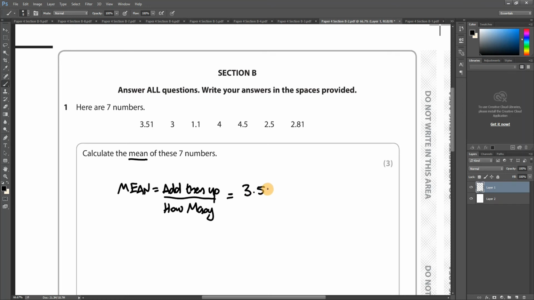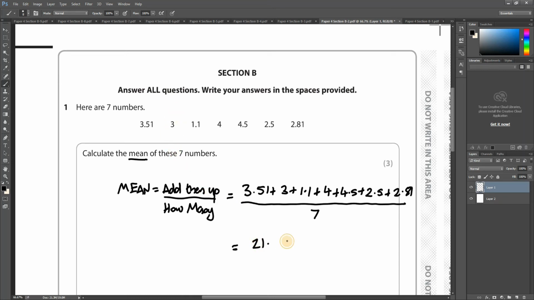So you're doing 3.51 plus 3 plus 1.1 plus 4 plus 4.5 plus 2.5 plus 2.81, all over how many we got? 7 numbers. Let's work out the top bit. Obviously use your calculator for this one, don't do it manually. You should get 21.42 over 7.